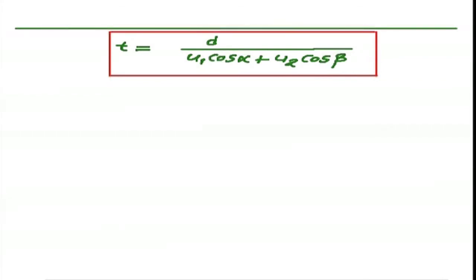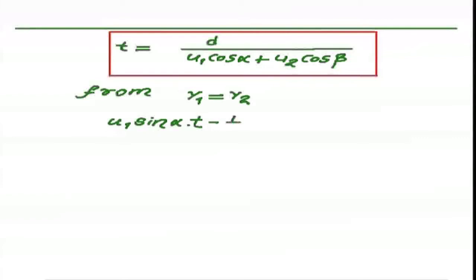We can further find one relation from the other condition, which was y1 equal to y2. Then we can say y1 to be equal to u1 sin alpha into t minus half gt square.